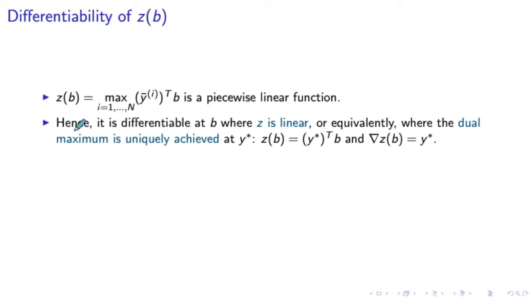Now, whenever you have local linearity, then the function is of course differentiable because it is linear around the point, right? And this happens when the dual maximum is uniquely achieved at some point y star. And in this case, z of b is given by y star transpose times b, and the gradient of z of b is given by the optimal dual solution.